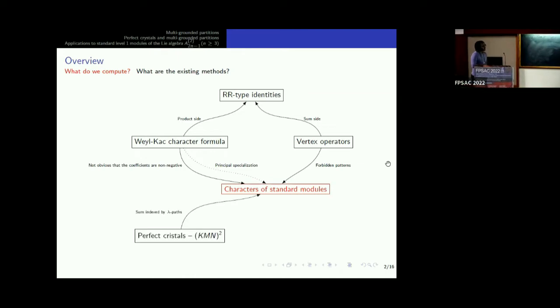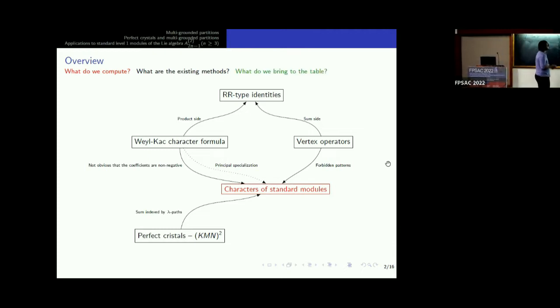Another method that we are interested in is the method of perfect crystals, and a formula related to it, which is the KMN² character formula. This is obtained by doing a sum over what we call the lambda paths, which we'll briefly introduce later.